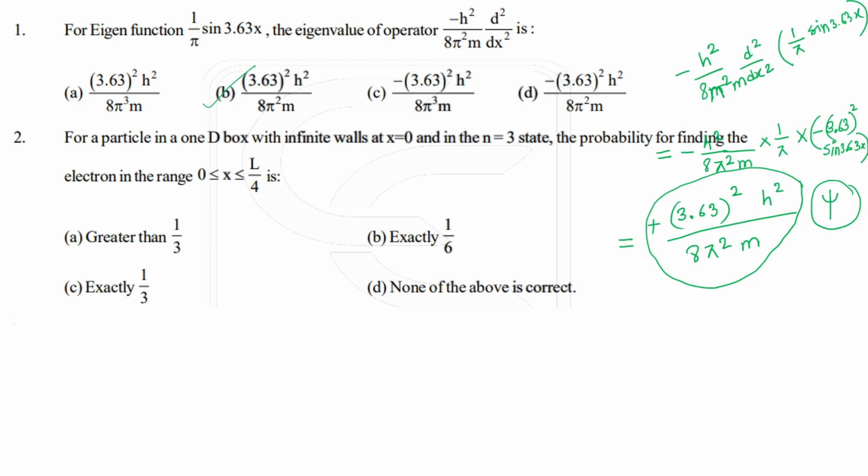So the next question says the particle in a 1D box with infinite potential wall at x equal to 0 and obviously x equal to L is in the n equals 3 state. Now the probability for finding the electron in the range of 0 to L by 4.